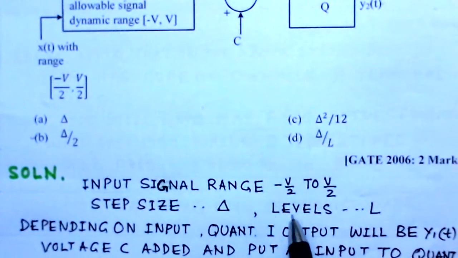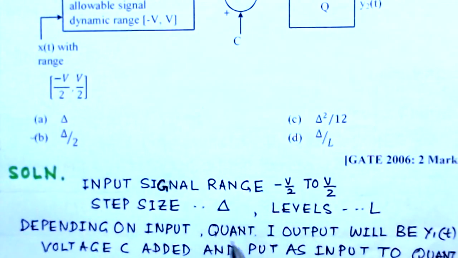The input signal range is from -V/2 to V/2. Step size given is delta. Levels are L. Depending on the input, quantization, the first output will be y1(t). The output of the first quantizer will be y1(t), and voltage C is added and put as input to the quantizer 2.